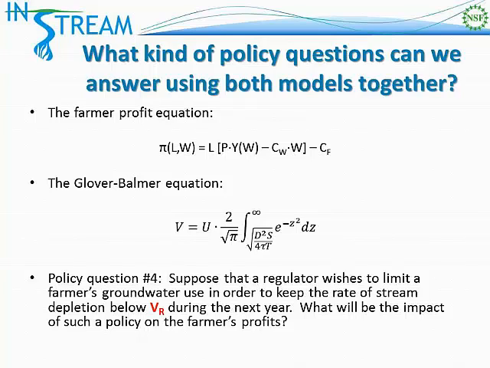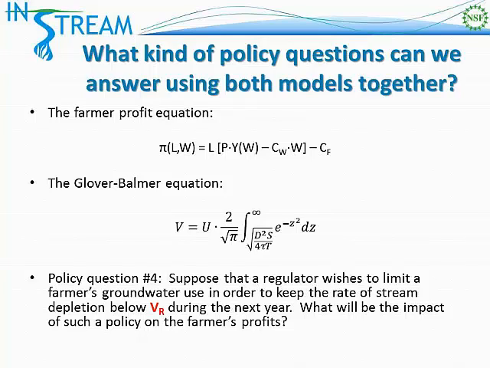Well, using the Glover-Balmer equation, as we explained in the previous slide, we can figure out if we want to achieve V sub R, we would plug V sub R in here and solve for the level of U that would give us that V sub R, assuming that we know all of the characteristics of the well.